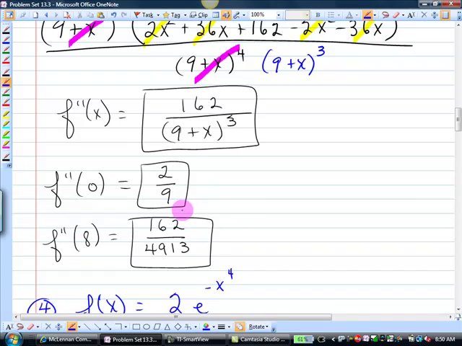Somebody do that for me and let me know. Does it? Okay. So, feel free to use your calculator there, but the answer they're going to want in Math Lab is a fraction. So be sure that you remember that.